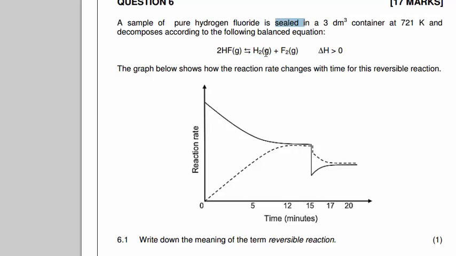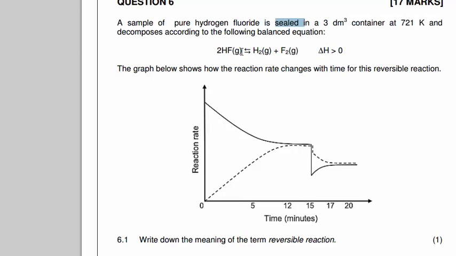Endothermic, because if it's endothermic, heat is a reactant, sorry, I'm just speaking. If I take away a reactant, who am I going to favor? The forward reaction or the reverse reaction? If I take away a reactant, wouldn't it be the reverse reaction, because now all of a sudden the products are in excess.